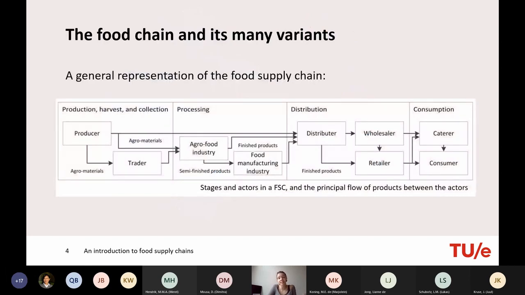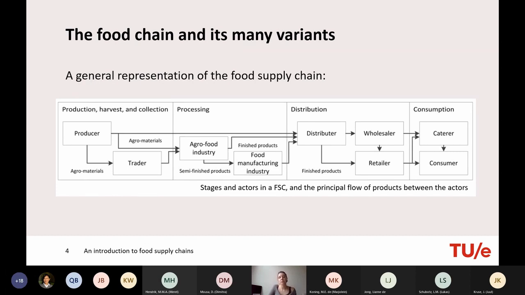So basically, this is what a food chain may look like. It's a general representation of the chain, but it comes in many different shapes and sizes. First, the products have to be produced. So there's production, harvest, and collection activities. This is often agro-materials.